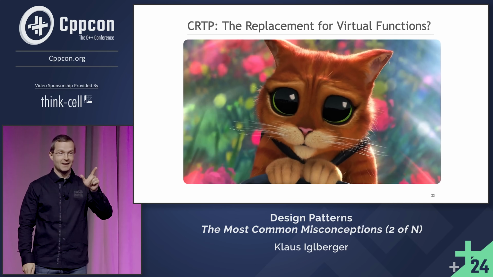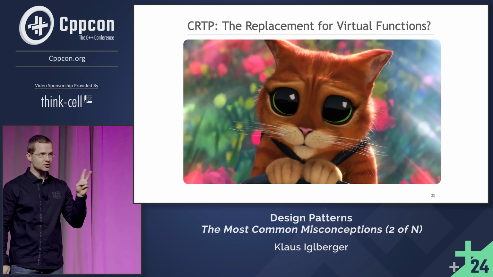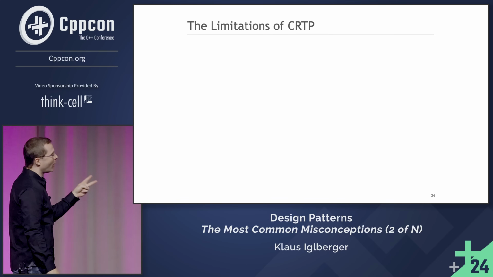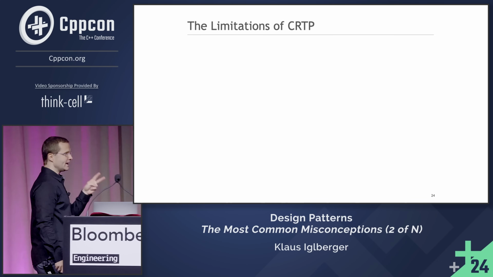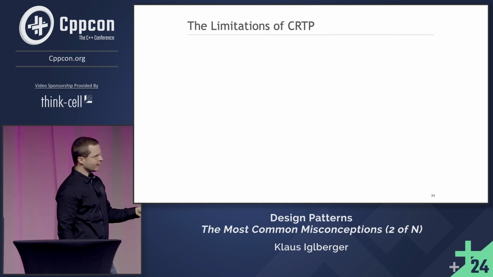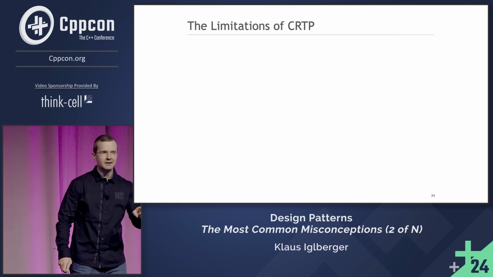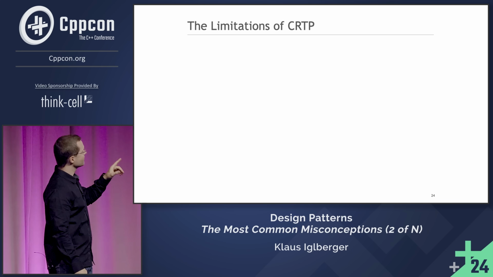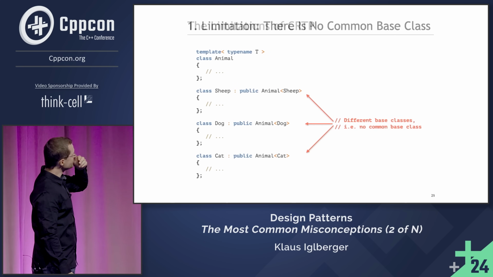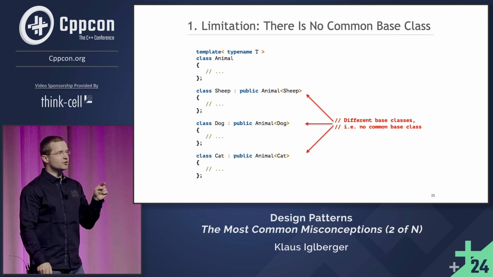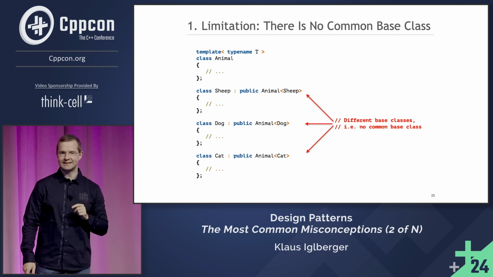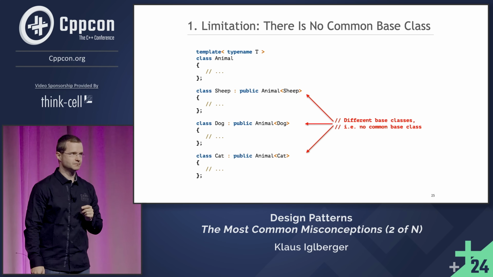Pretty please. So before we now move on, I actually should talk about the two kind of obvious disadvantages that you might get. And if afterwards you say, okay, this doesn't bother me, then you might start some refactoring. So limitation number 1, every derived type has a different base class.